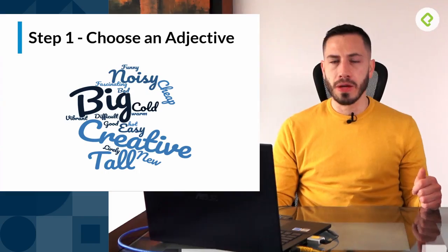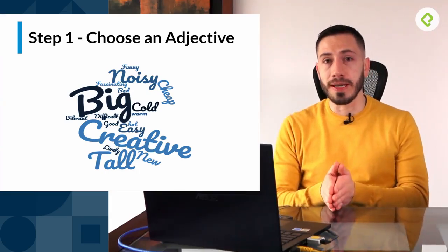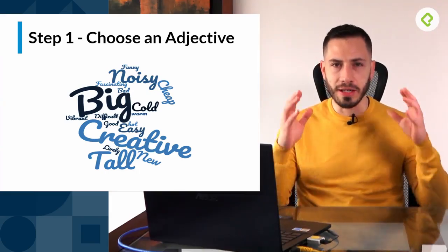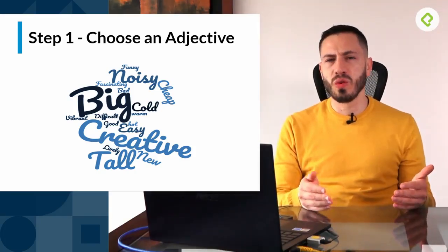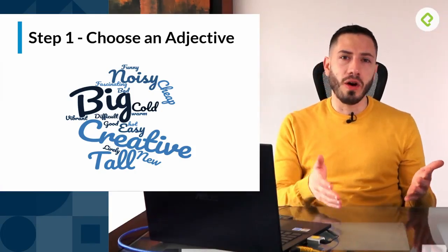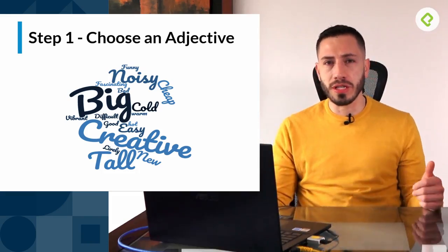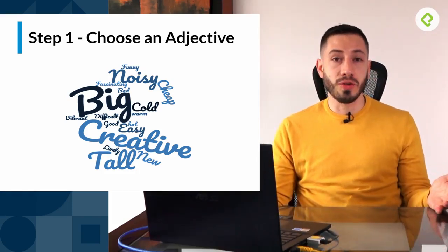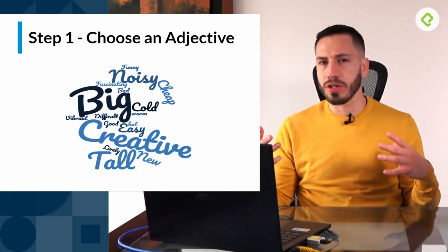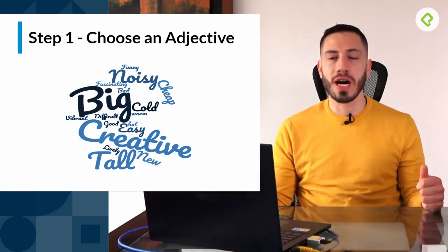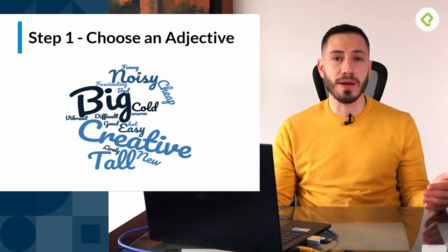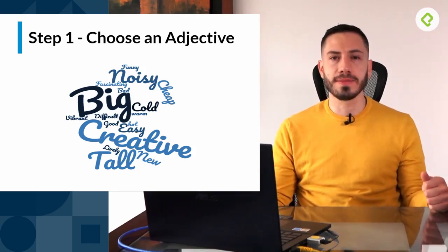Let's have a look. I recommend you follow some steps to make sure this is very clear in your mind. Step 1, choose an adjective. What is an adjective? Well, all the words that we have been using throughout this course to describe something like big or small or noisy or quiet or curly, those are adjectives, just words to describe elements or people or places.